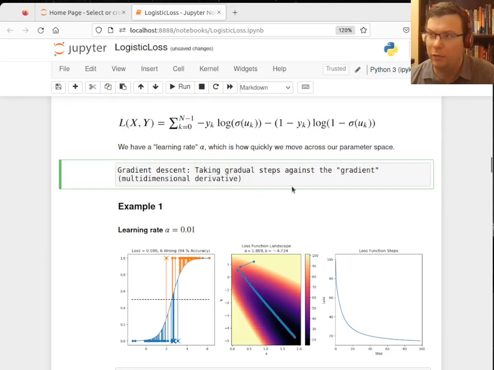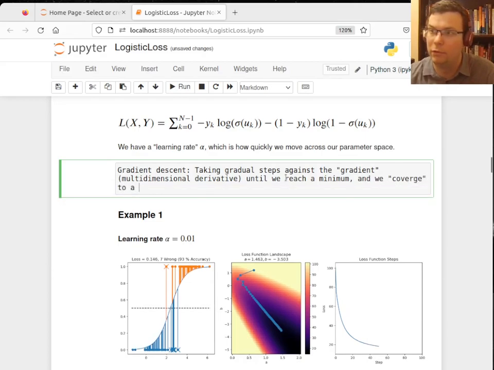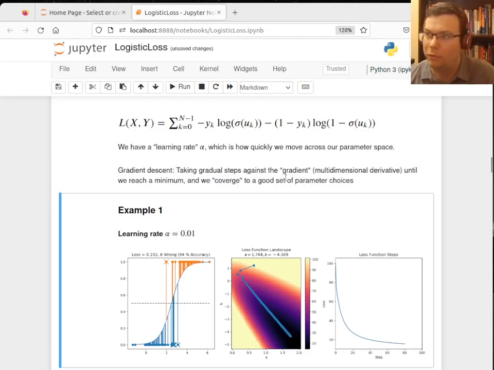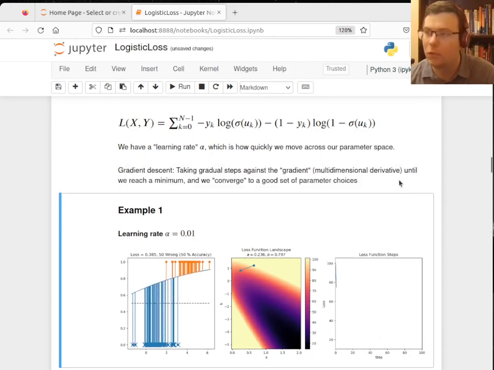So that's called the gradient. So we take steps against the gradient until we reach a minimum. And we converge to a good set of parameter choices. So that's how it works. Oops, I meant to say converge. Okay. So that's the lingo there.